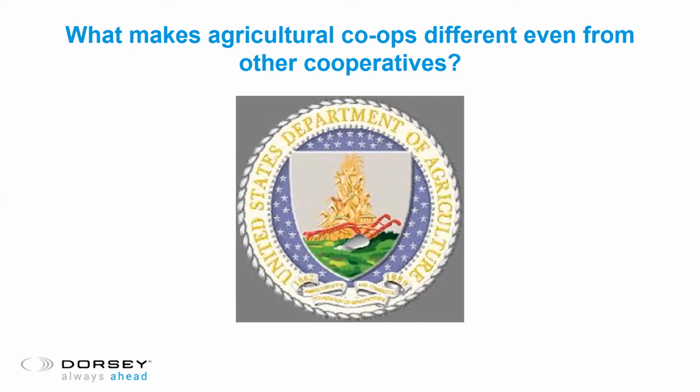Capper-Volstead is one element of agriculture co-ops that doesn't apply to other types of co-ops. My view is the development of agriculture co-ops was spearheaded very heavily by the Capper-Volstead exemption, which is a federal policy.